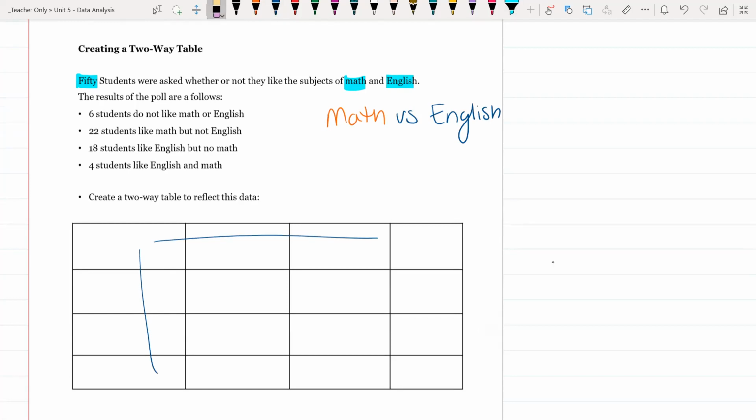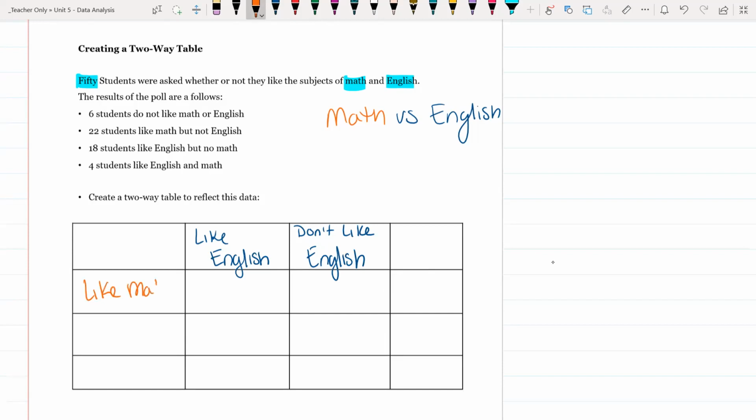I'm just going with English on top. That's how I did it before. So how many students like English? How many students don't like English? How many students like math? How many students don't like math?